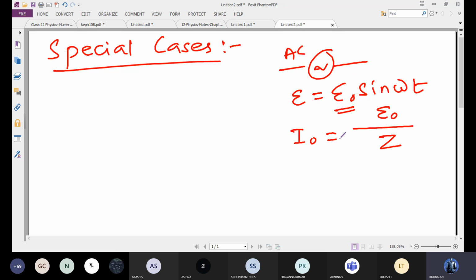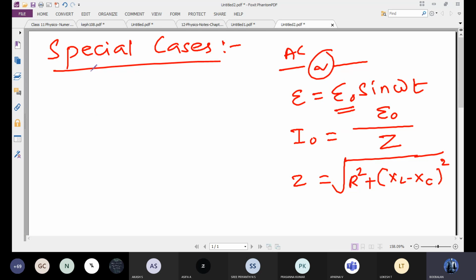So I naught is equal to E naught divided by Z. The Z formula is Z equal to root of R square plus XL minus XC whole square. So now I am applying the special conditions.